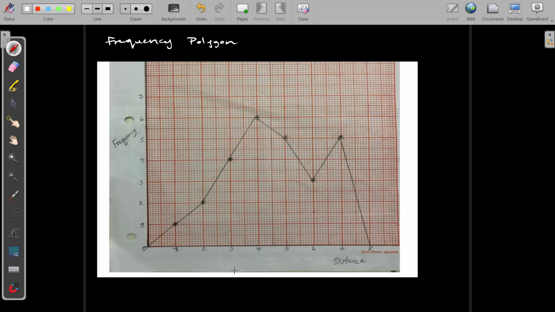Alright, so now that we have the polygon constructed, the next step is to find the area enclosed by this polygon. What we'll have to do is divide this polygon into various shapes. The shapes that we usually get are triangles and trapeziums.